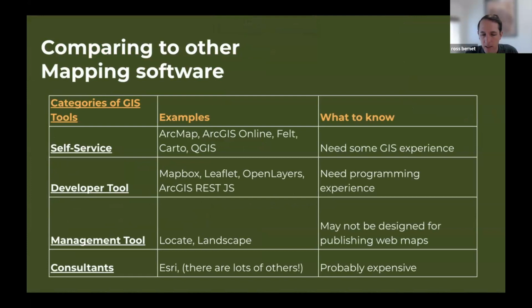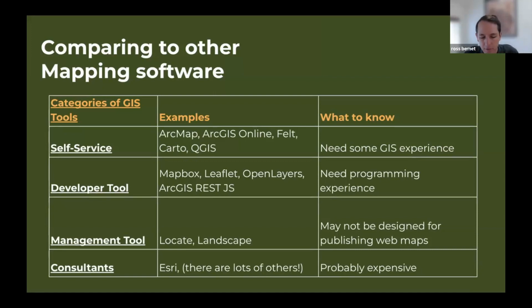And I know there's a lot of different groups sharing their GIS software. And for people that don't think about GIS and mapping every day, it's maybe a little overwhelming and confusing. So I've tried to break down what I'm calling these categories of GIS tools, just to help you wrap your head around it.